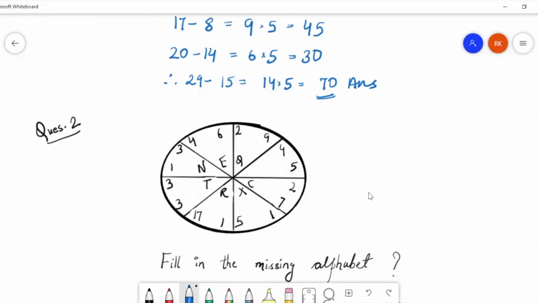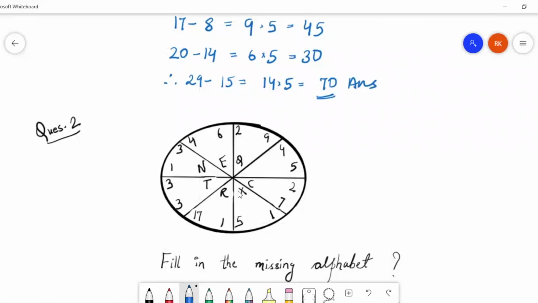Okay, so whenever these alphabets come, firstly what you have to do is write the numbers of the alphabet. I'm talking about which type of numbers, like A is 1, B is 2. Like that, whatever alphabets are given in the question, write their respective numbers. Like X is 24, A is 1, C is 3, like that.